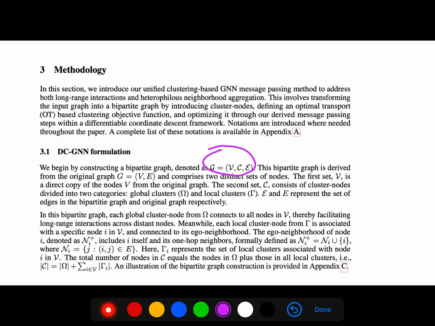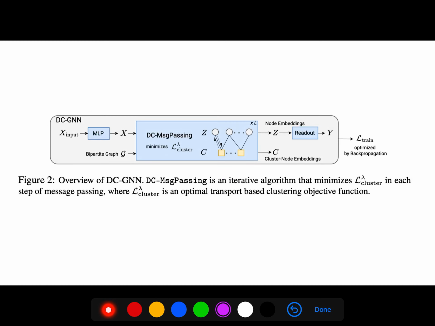Each global cluster node connects to all nodes in V, thereby facilitating long-range interactions across distant nodes. So you can see that each node is connecting to its cluster.